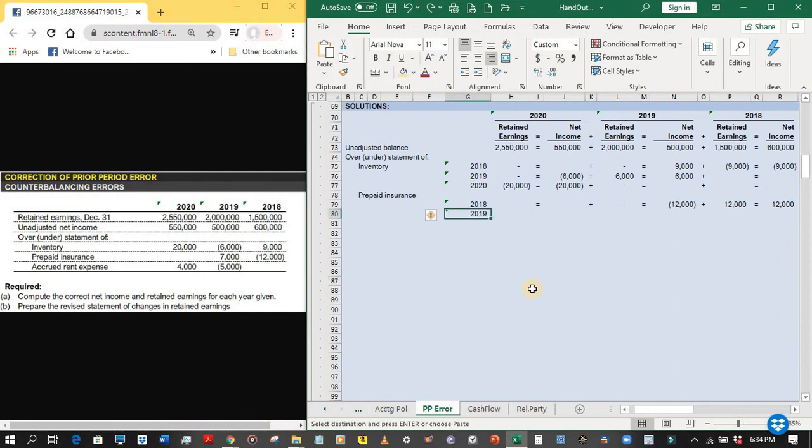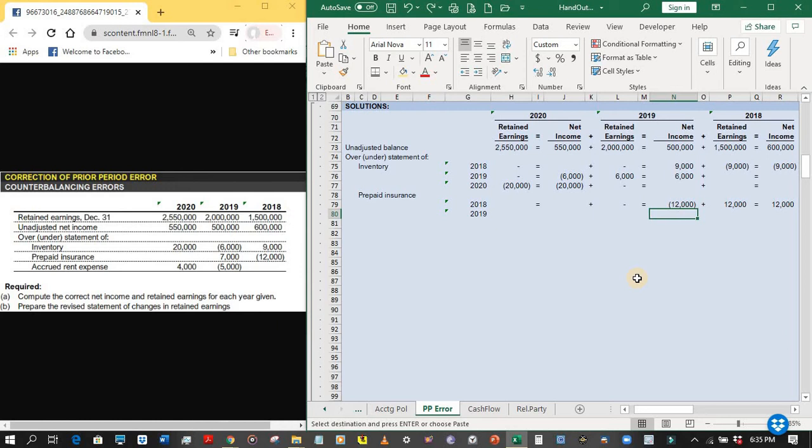So in 2019, the error is an overstatement of 7,000 pesos. So again, an asset has a direct relationship with net income. So if the prepaid insurance in 2019 is overstated, it means that the net income in 2019 is also overstated.